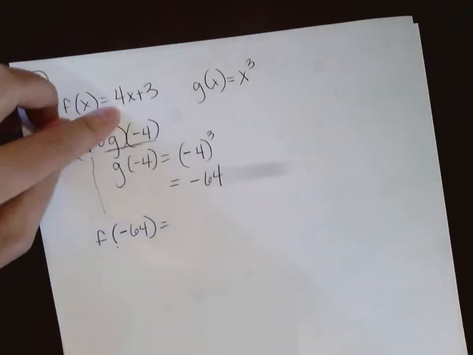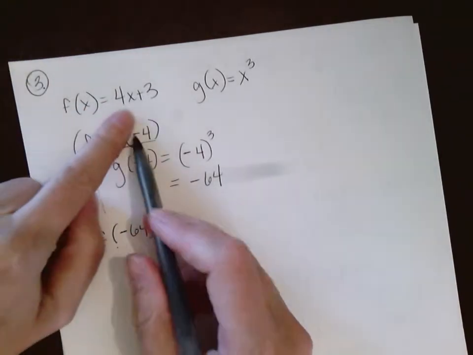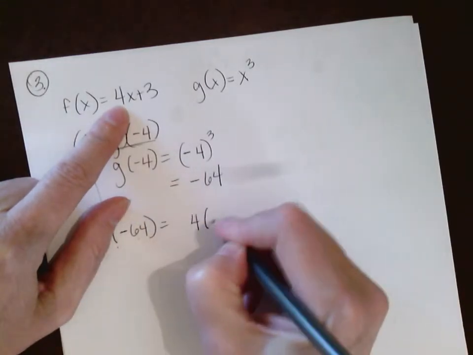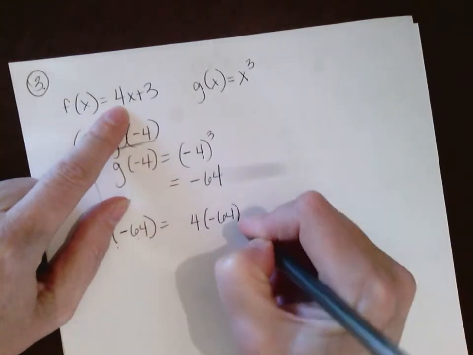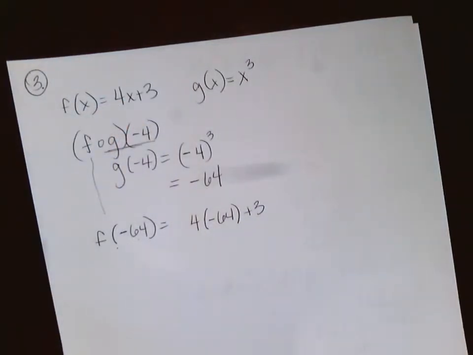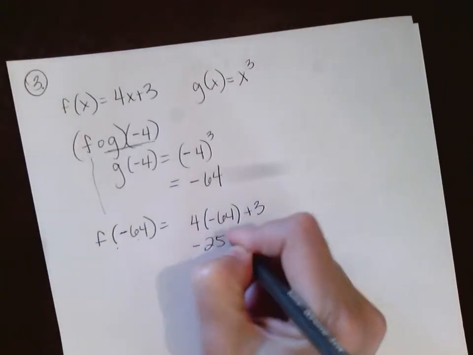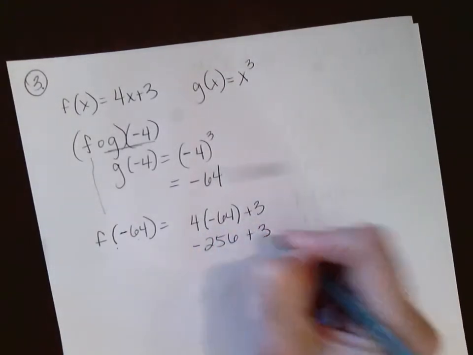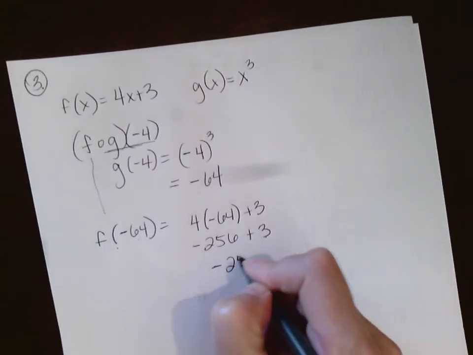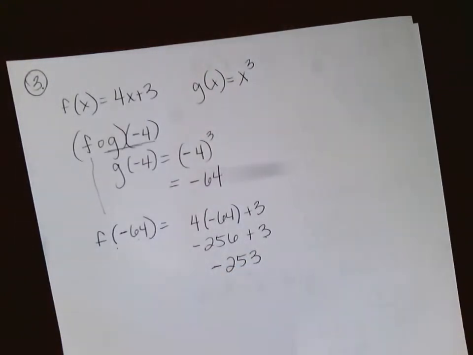So if I replace this x, go to the f function and replace the x with negative 64. So I have 4 times negative 64 plus 3. So 4 times negative 64 gives me negative 256. Bring down the plus 3. Negative 256 plus 3 is negative 253.